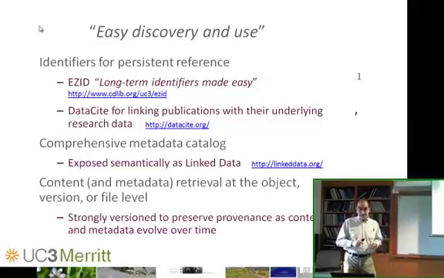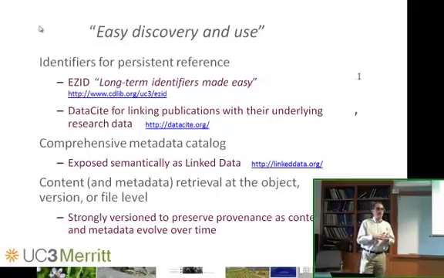Content and metadata retrieval, for that matter, can occur at a variety of levels. There is a certain amount of data modeling that's going on within the repository. The primary entity involved is what we call a digital object. An object can be made up of an arbitrary number of versions, because Merit is strongly versioned, and essentially any change to object state will result in the creation of a new version of that object.